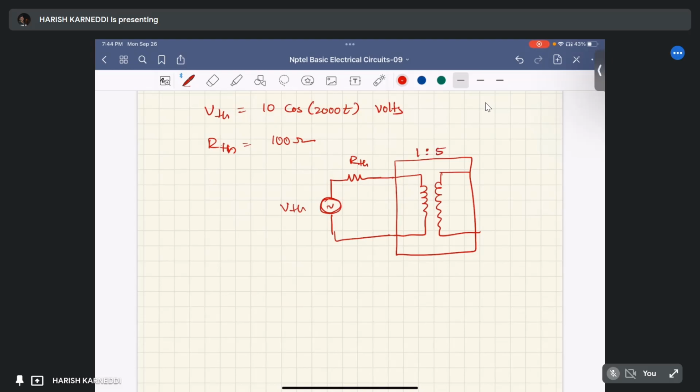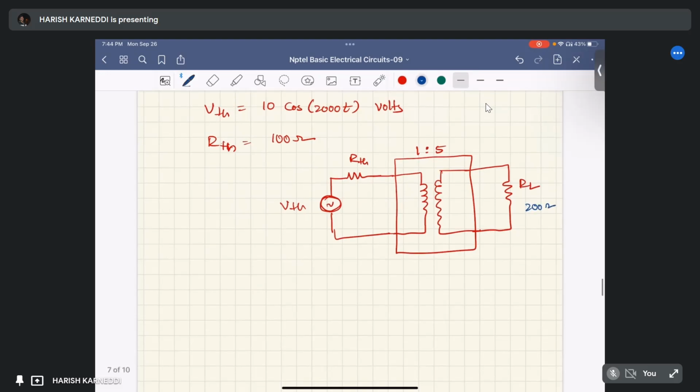And one resistor load is connected across the secondary. This is RL. So here RL equals 200 ohm and RTH is 100 ohm. Now we need to find out the average power delivered to this particular 200 ohm resistor.